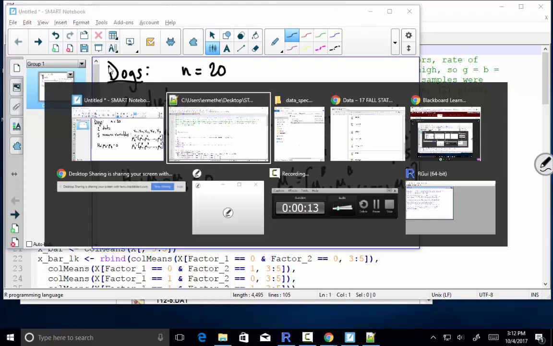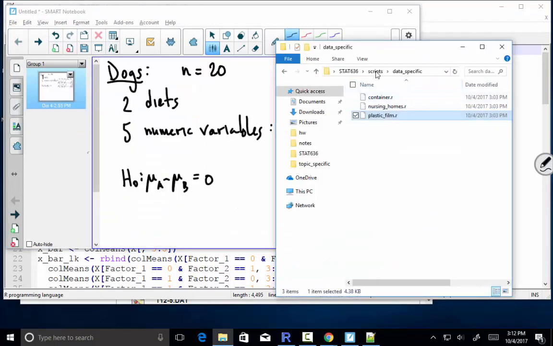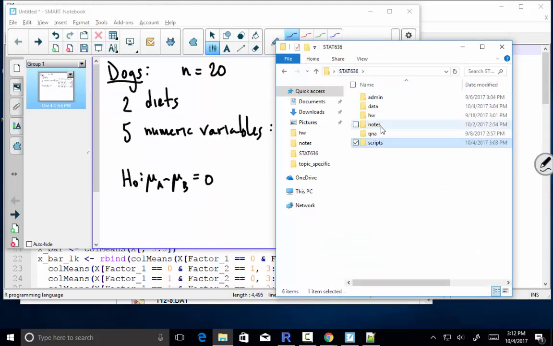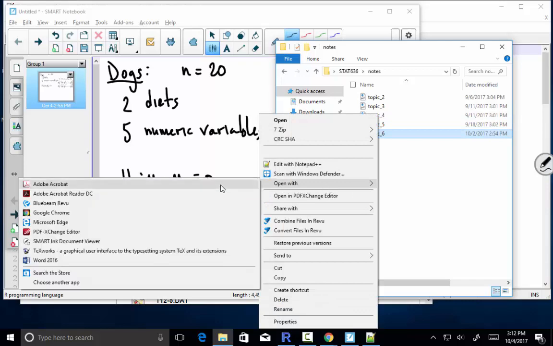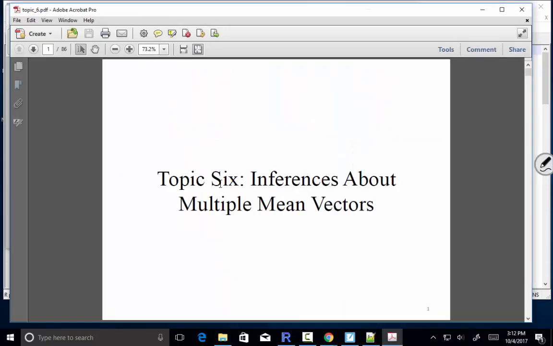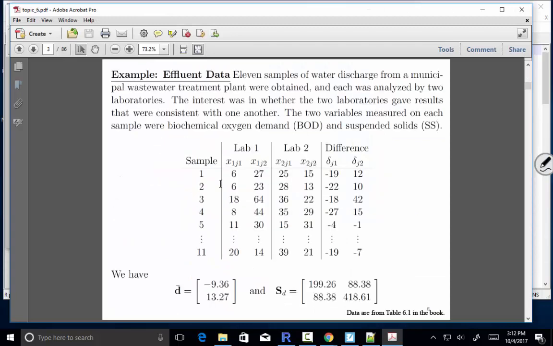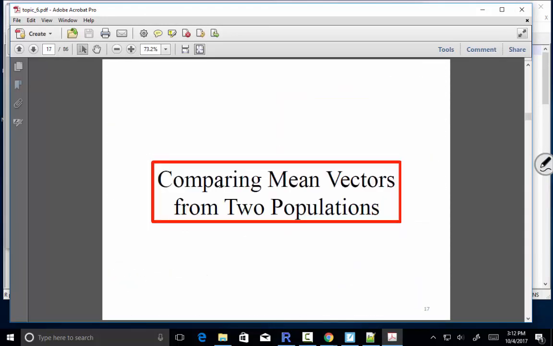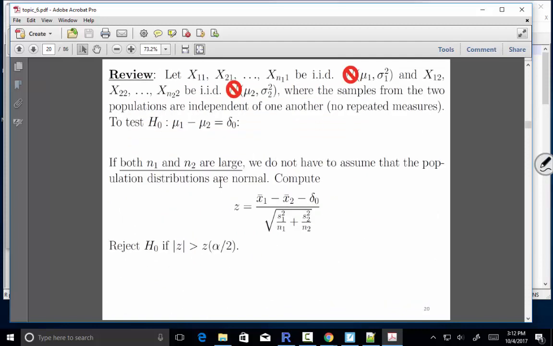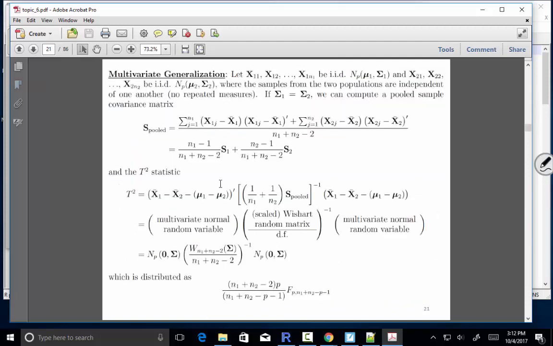From topic 6, topic 5 told us about the t-squared test. And then topic 6 extended that to the two-sample problem. T-squared test is a generalization of the univariate t-test. So let me go to slide 22.